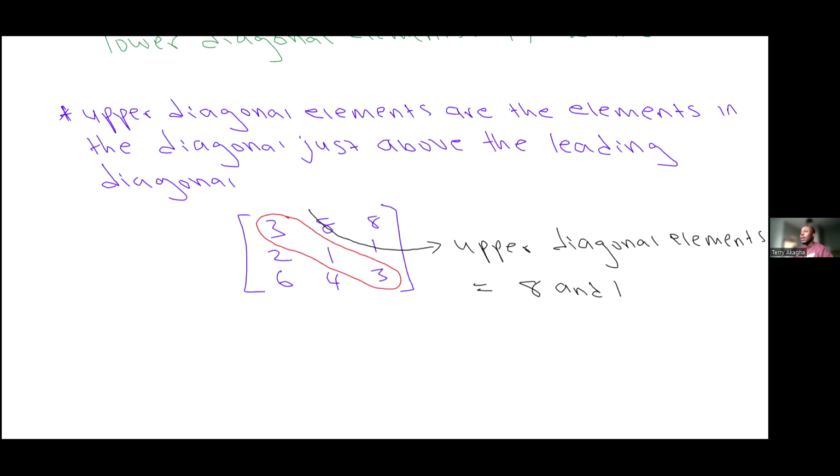Now, the same thing we can also write for the lower diagonal elements, but in this case, the lower diagonal elements are going to be the elements in the diagonal just below. Does that make sense? So it's going to be the element just below.